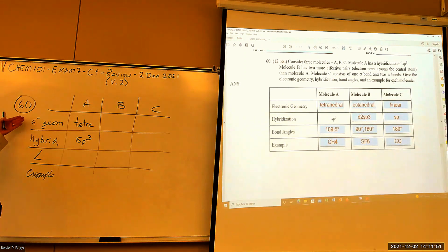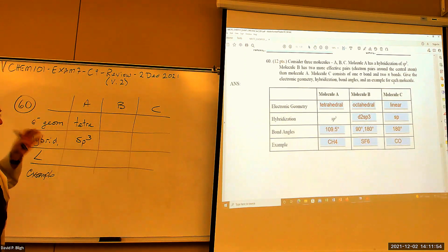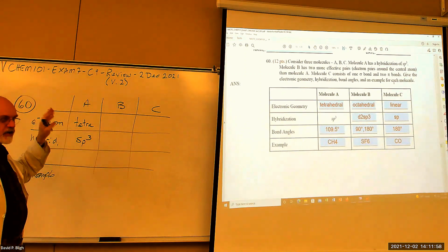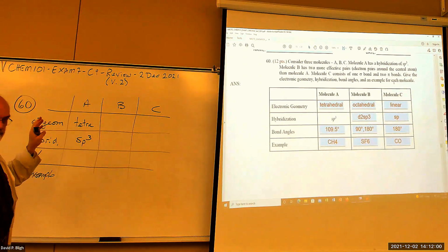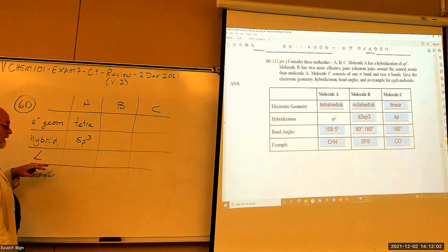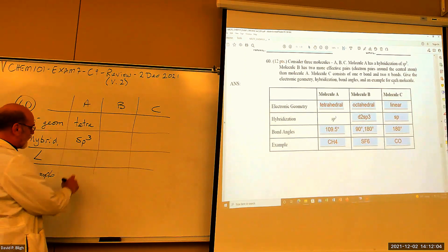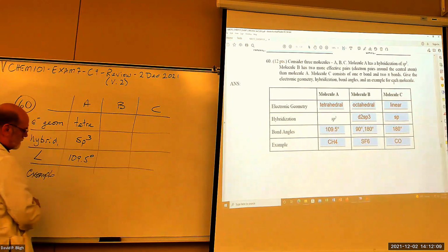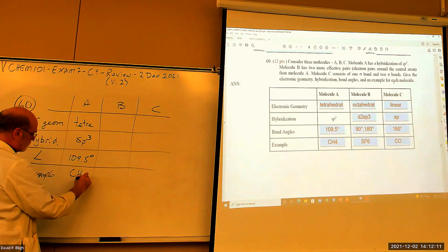It's tetrahedral for electronic geometry, and if all of those groups are occupied by an atom bound to the central atom, then the bond angle is going to be 109.5. And a good example is methane.